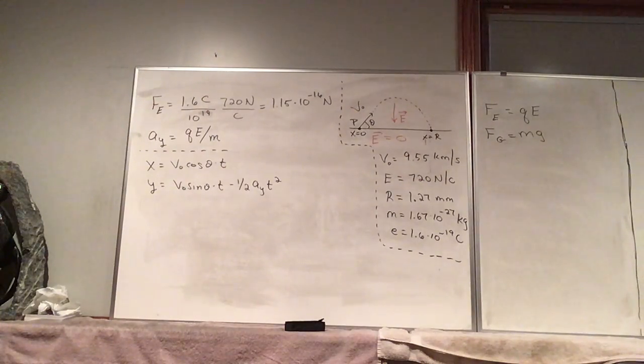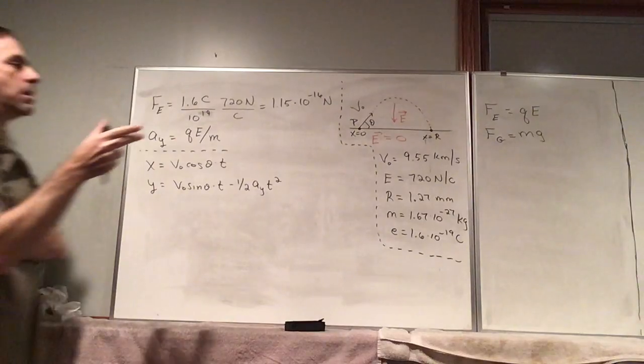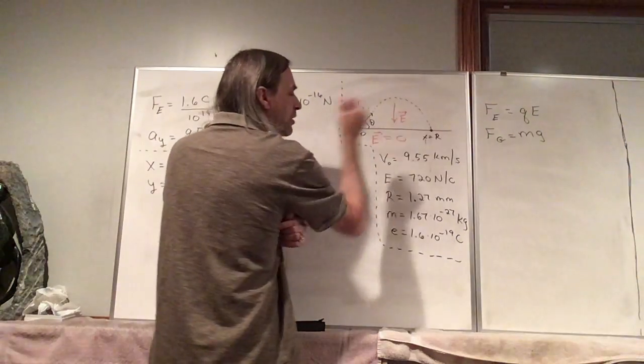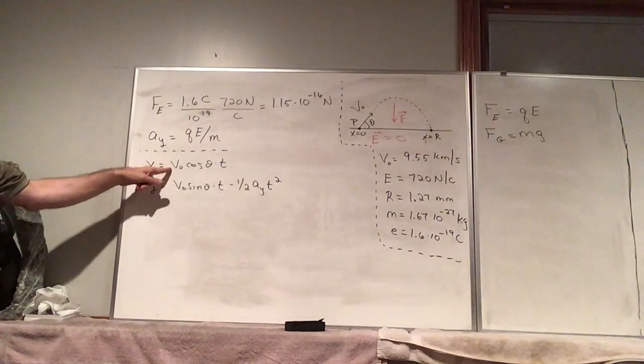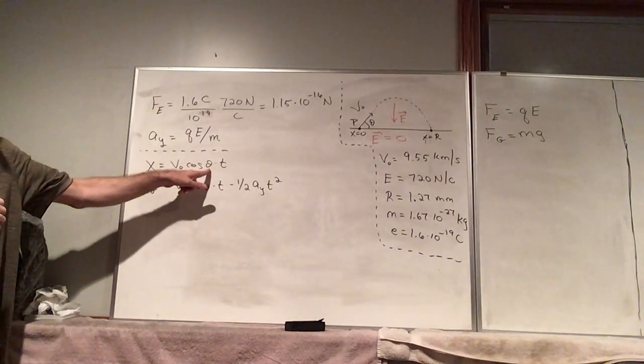But let's see the best way to go about this. We want to find this angle. I was thinking maybe we could do this in pieces. Let's just look at this point where we know the x-coordinate and we know v naught, but we don't know theta.